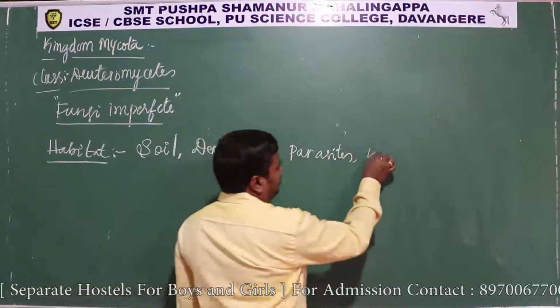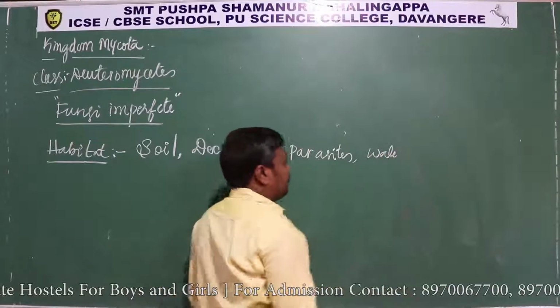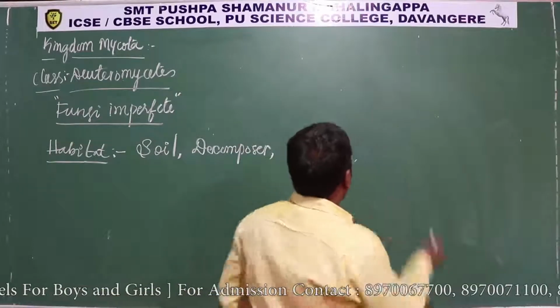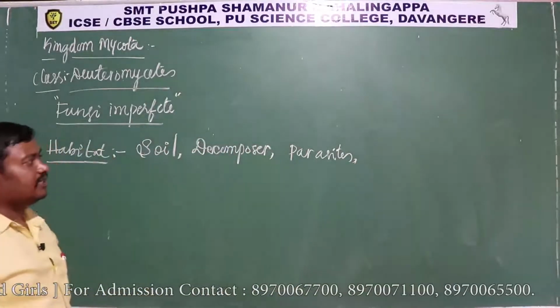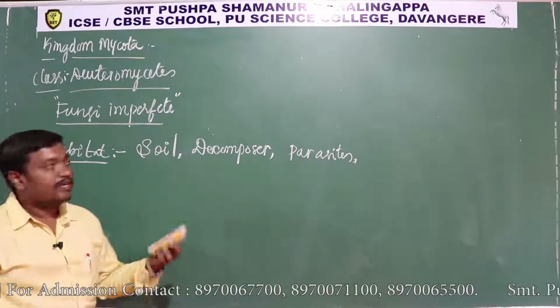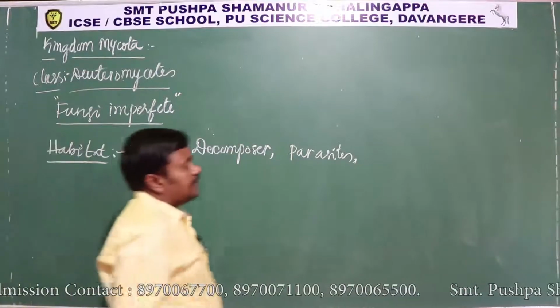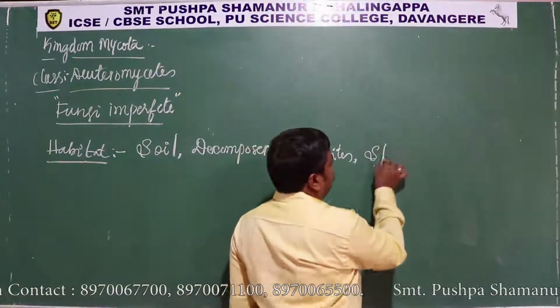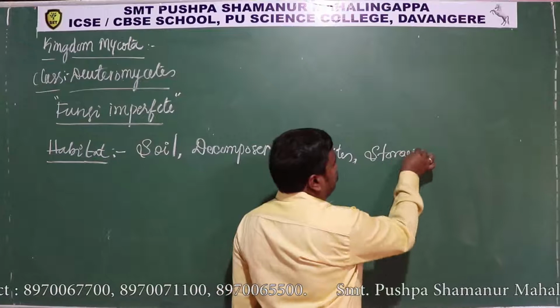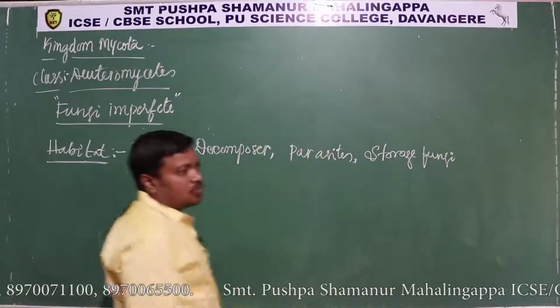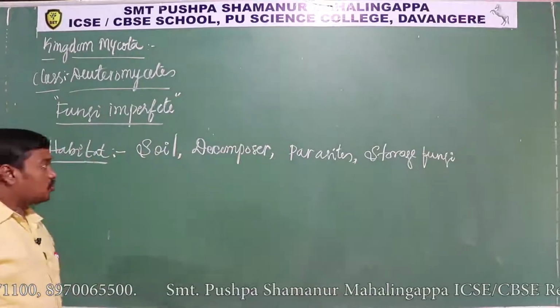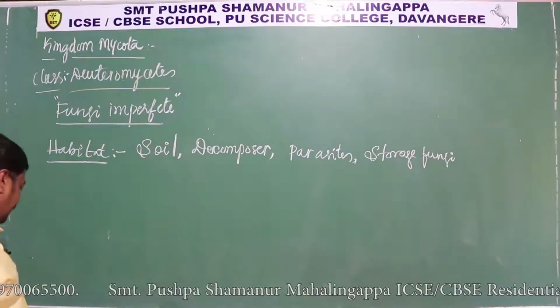They are not present in water. They could be found in soil as decomposers, and as parasites. And they are also storage fungi: when we store grains and seeds, at that time they are able to grow. So this is about their habitat.